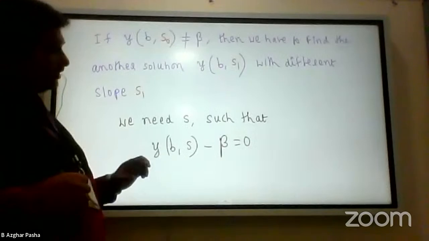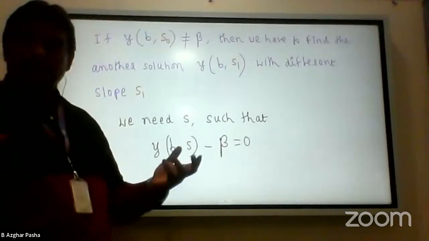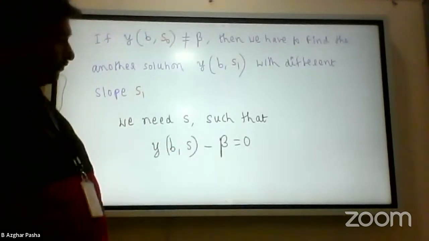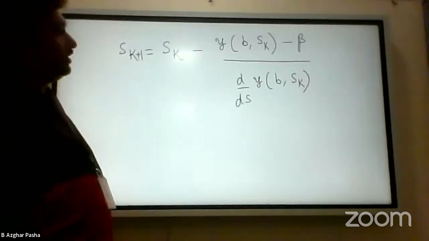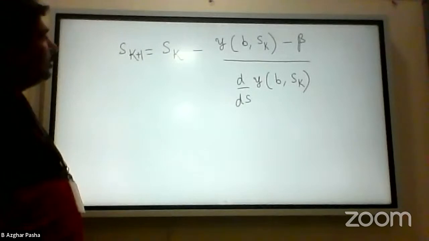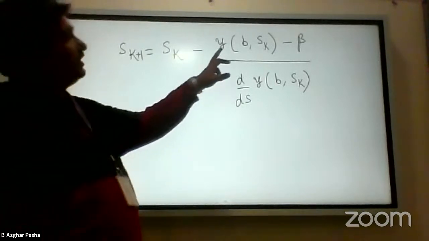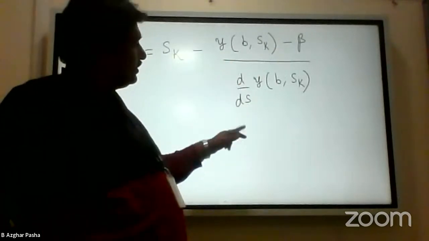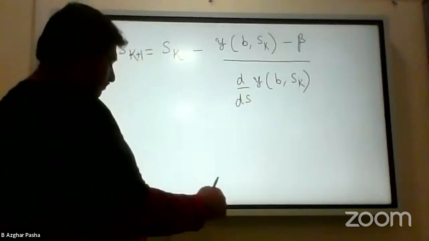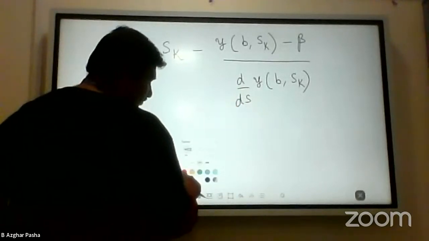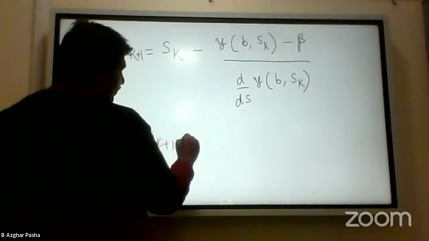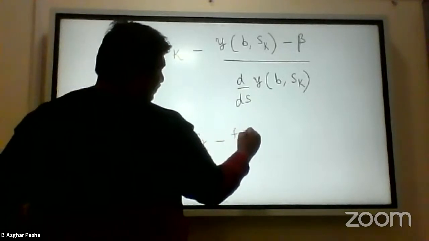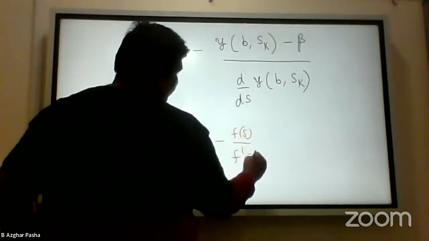Start with s naught, use the Newton-Raphson method and improve the value of s. The Newton-Raphson formula, you know: sk plus 1 is equal to sk minus f of s by f dash of s.